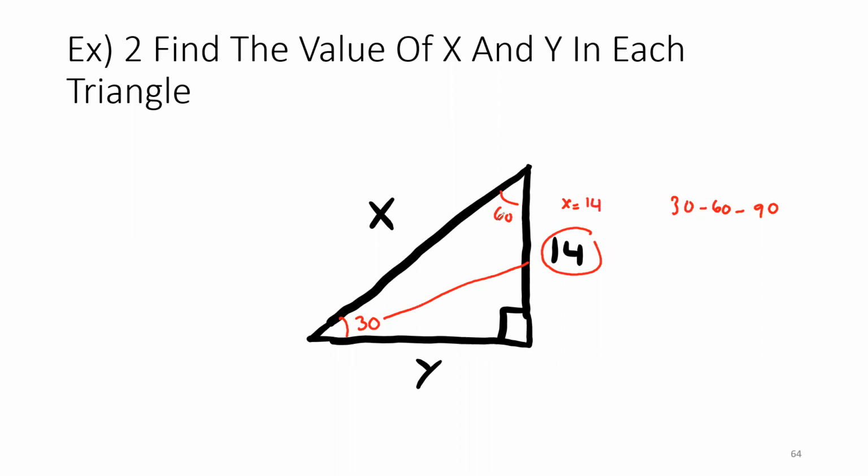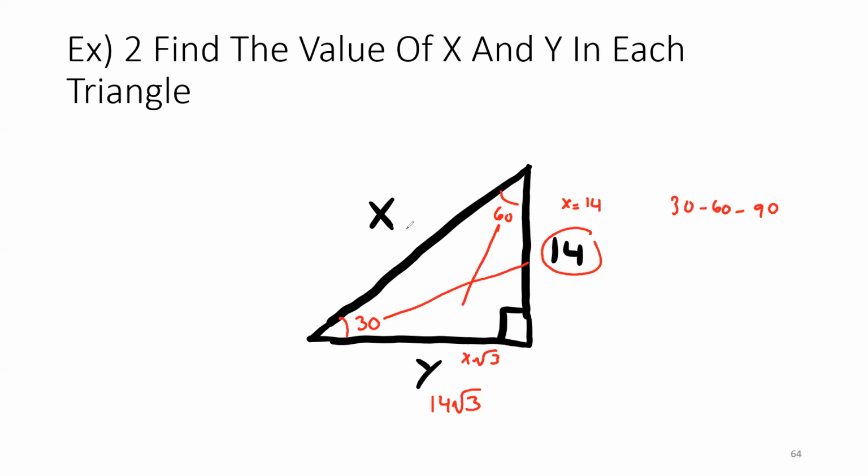Now 60 is the second largest angle, or technically the second largest leg. And according to that rule, 60 has a length of x radical 3. So that means y is going to be 14 radical 3.